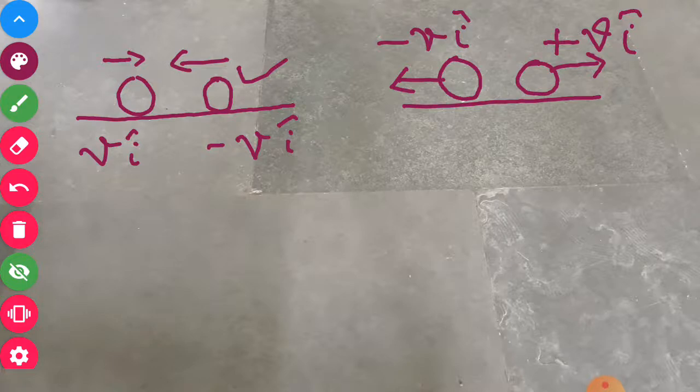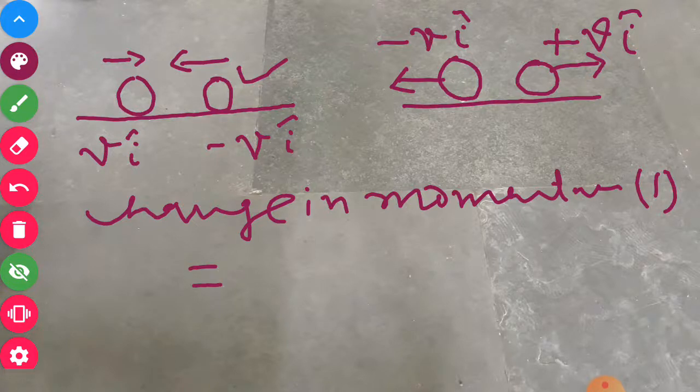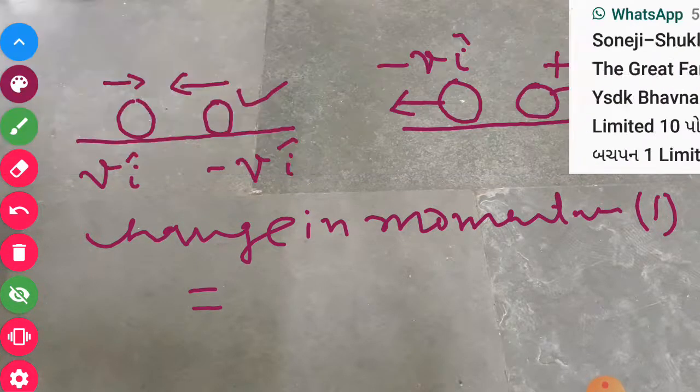Now the impulse imparted to ball 1 due to ball 2 is nothing but the change in momentum of ball 1. So we shall find the change in momentum of 1. The initial momentum of ball 1 is m vi cap.